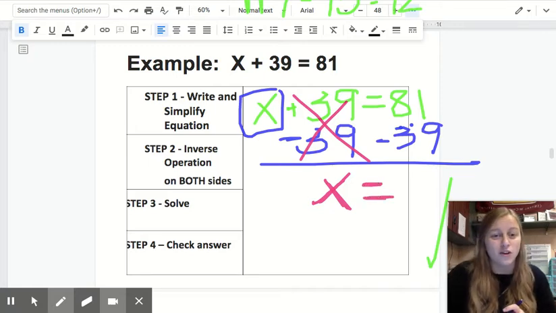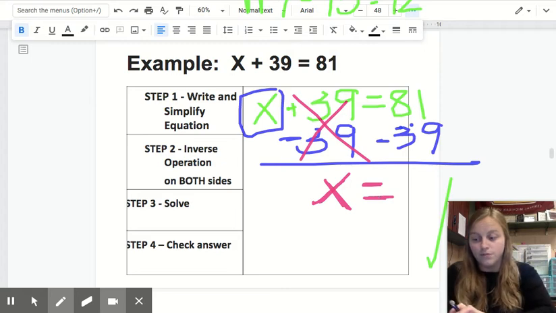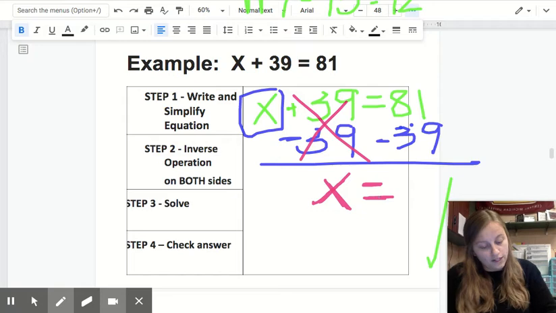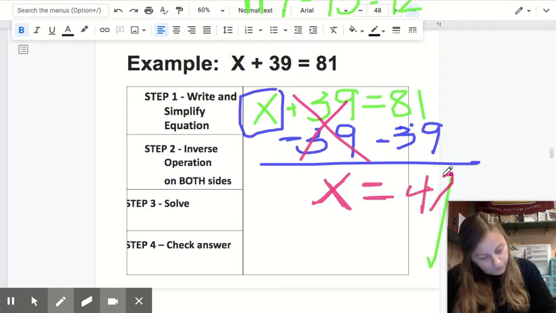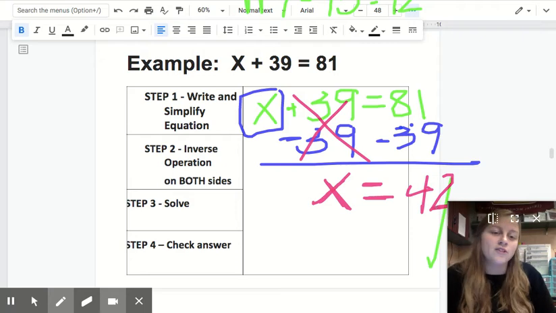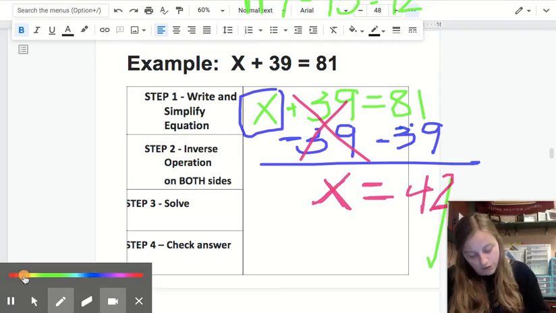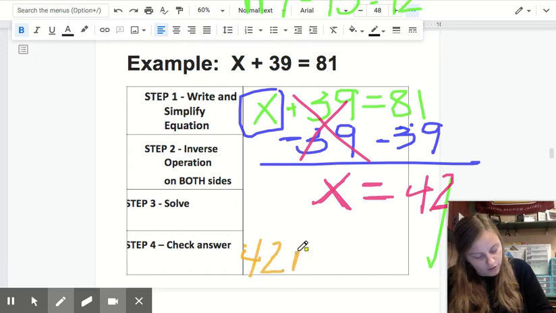81, take away 39. You have a calculator, so you might as well use it. We have 81 minus 39, 42. That's what I think the answer is. But I can check my work by substituting back in. So I think that x is 42, plus 39.